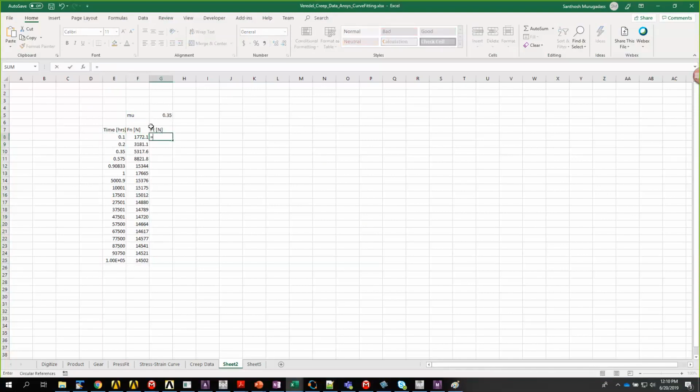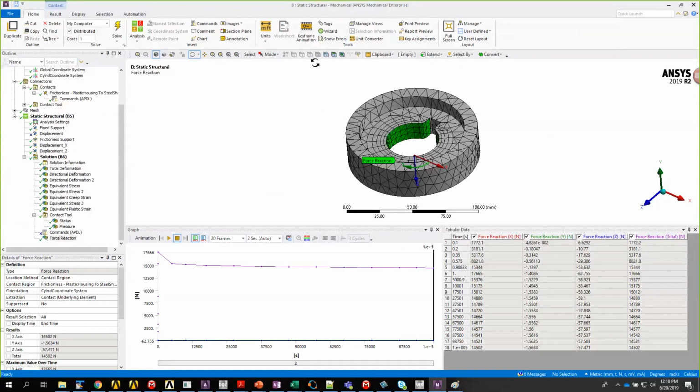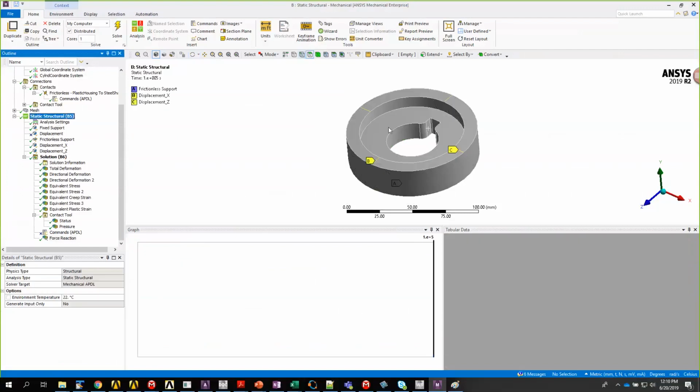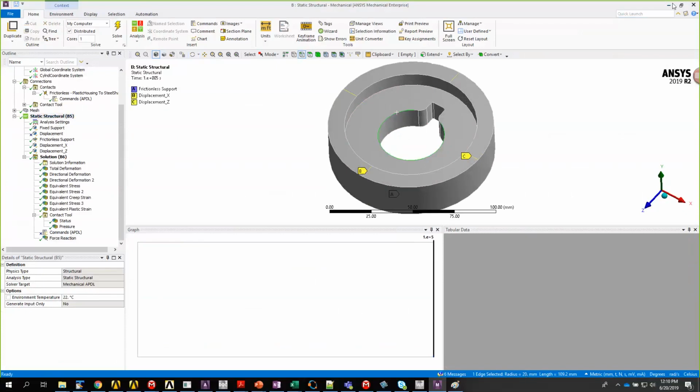So the tangential force is 0.35 times the normal force. Now let's say the approximate radius of this interference. I'm assuming this whole thing is a circle, rather than considering the exact geometry. We could do that, but for simplicity I will assume that.